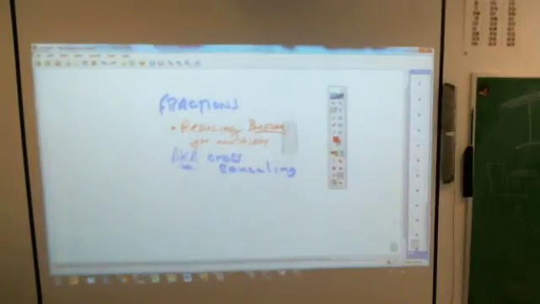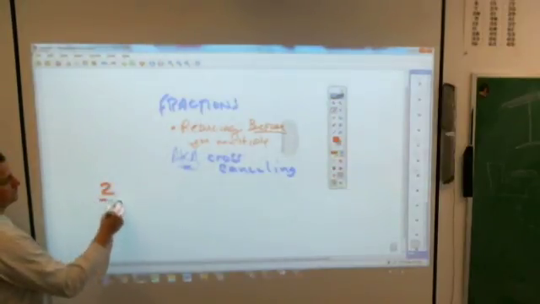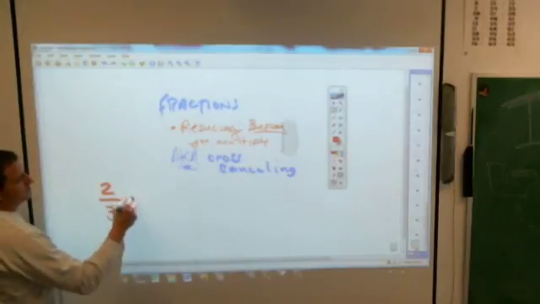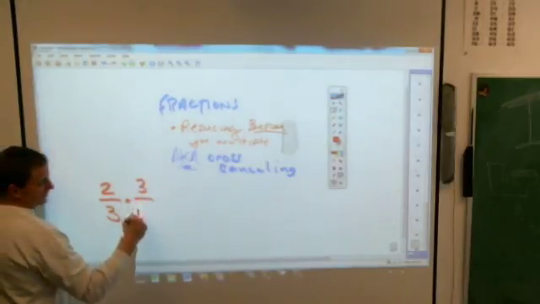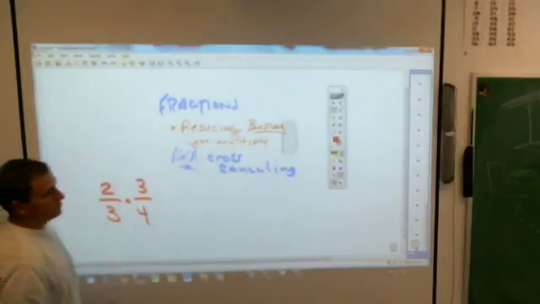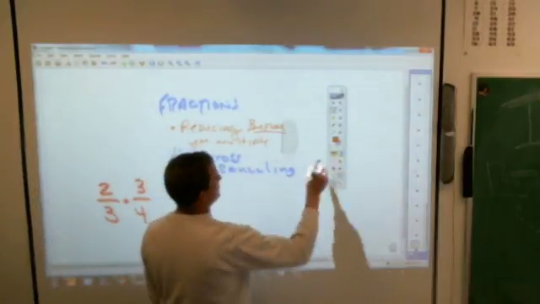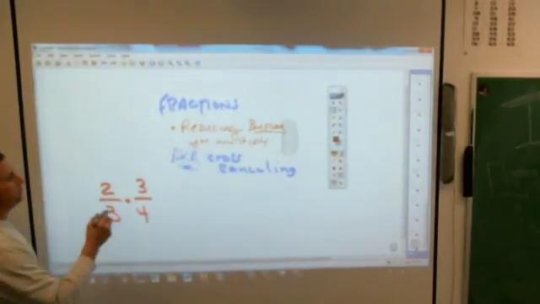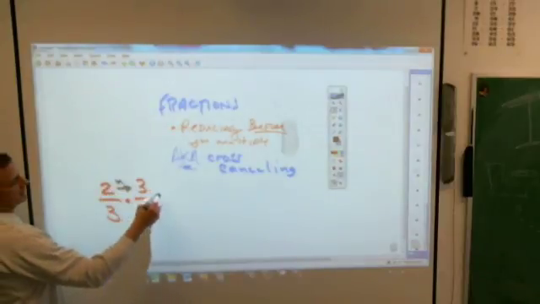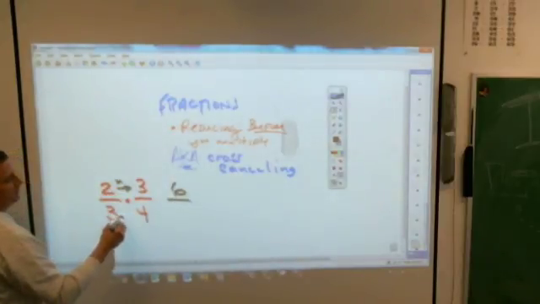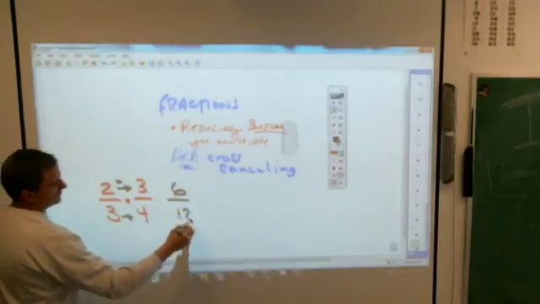Here is the example that you could and should write down here. I'll write this down. 2/3 times 3/4. In this case, it's not really such a big deal, but if you were asked to do this problem as it stands right now, before we talked about this lesson, you simply would take 2 times 3 and get 6, and 3 times 4 and get 12, correct?